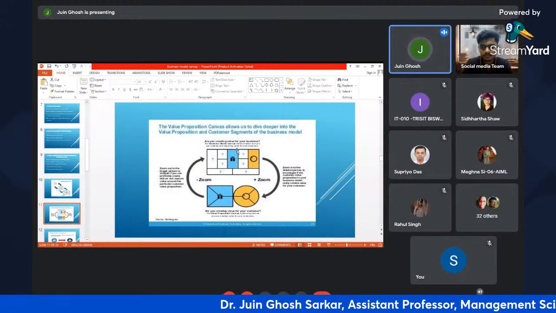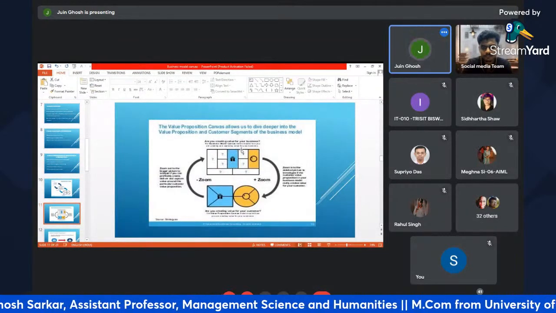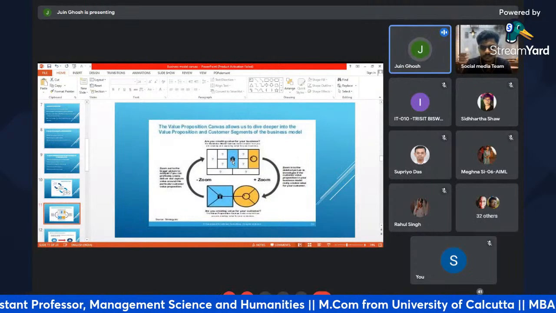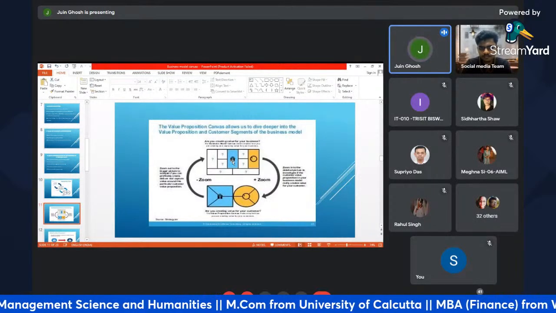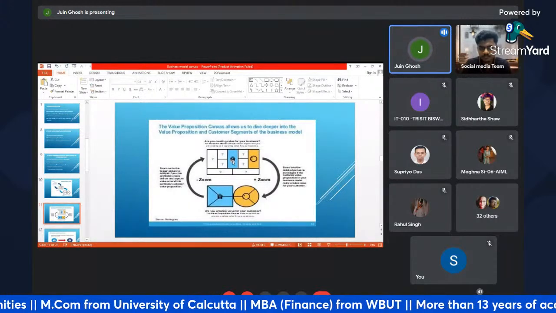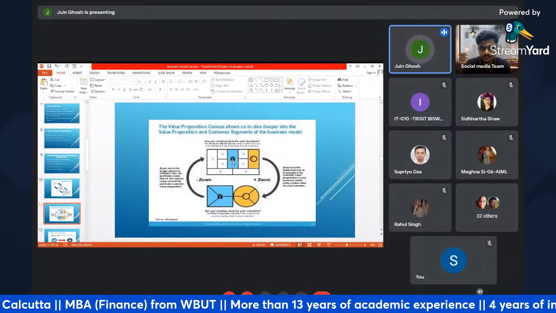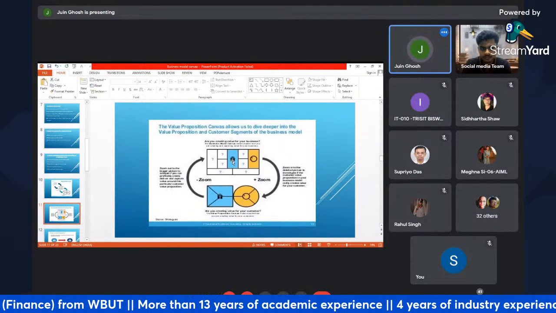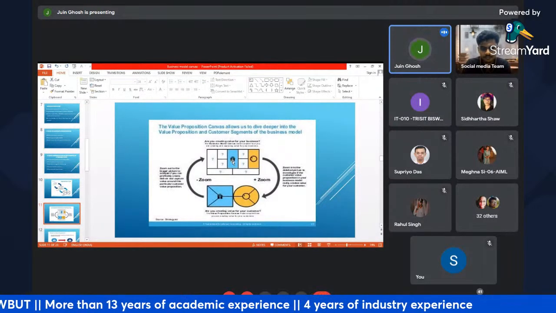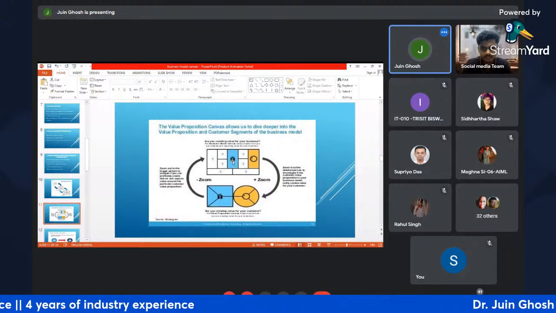While going through this 9-block business model canvas, we have observed that the middle point is the value proposition, and it actually implies what are the features that you are providing to your customers based on the market survey, based on the requirement, and what strategies you are taking to retain that group of customers.